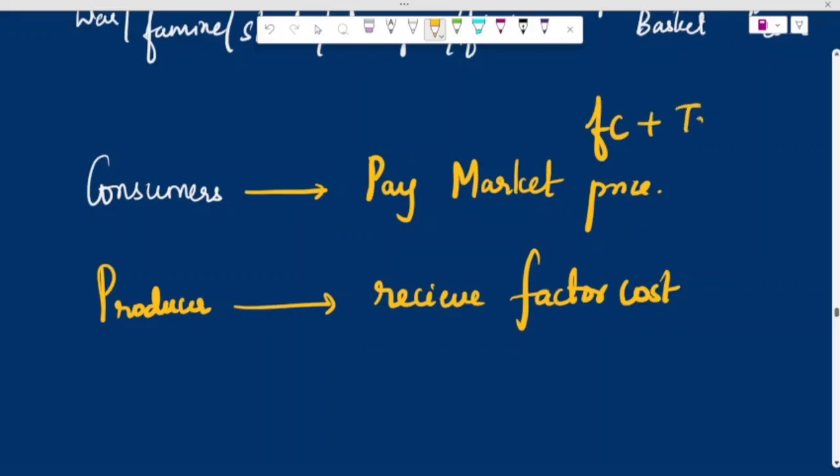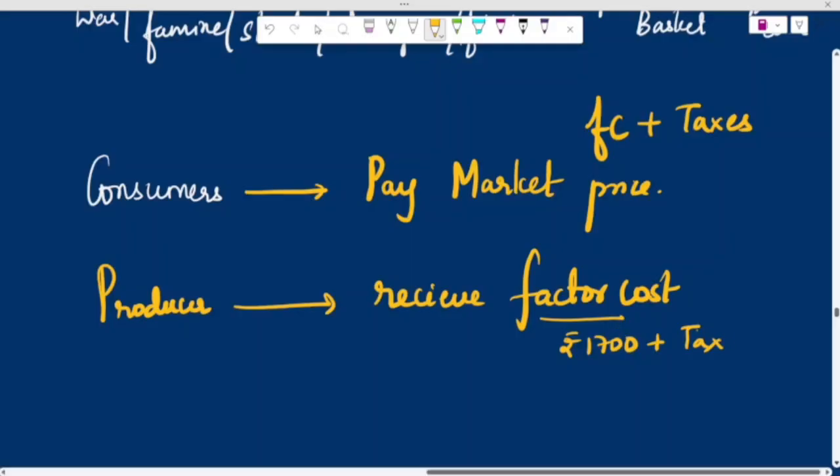Yes. If I am buying a car, I should pay the producer's cost, I mean rupees 1700 in the above example, plus the government will be taxing me because I am using the car. That environment tax, road tax, and then all the taxes they'll be putting upon me. So that is tax, right?